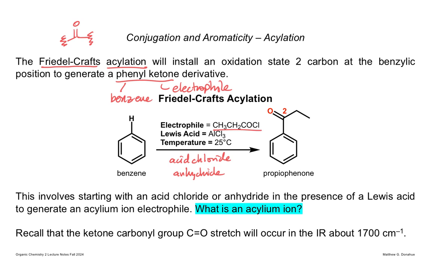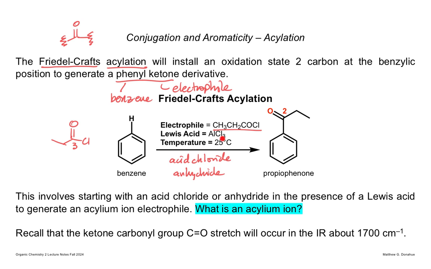And this reagent here is the 3-carbon acid chloride. And what you'll notice, again, if we do this oxidation state, that carbon is at oxidation state 3. We have 1, 2, 3 bonds to the heteroatom.